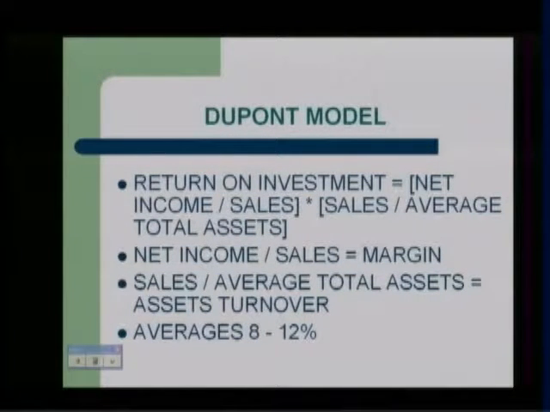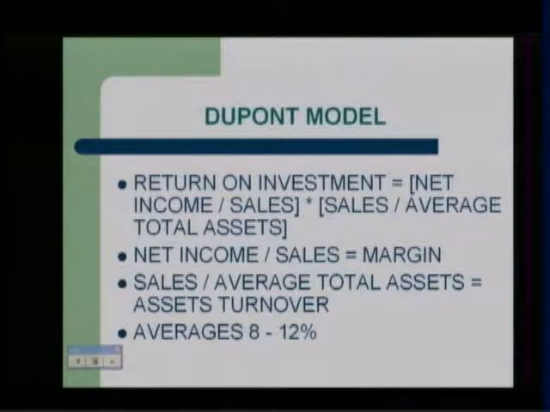We call that asset turnover, or TO or ATO, often will be the abbreviation. What we're looking at there is how well do we use our average assets to generate sales. So in breaking down the DuPont model, we have two pieces, margin and asset turnover. Those two items multiplied together would give you the ROI for the DuPont model.